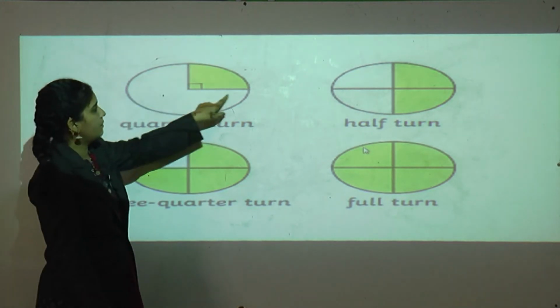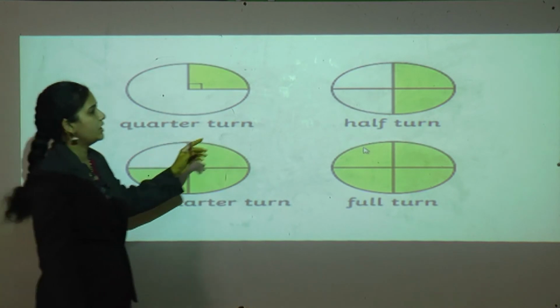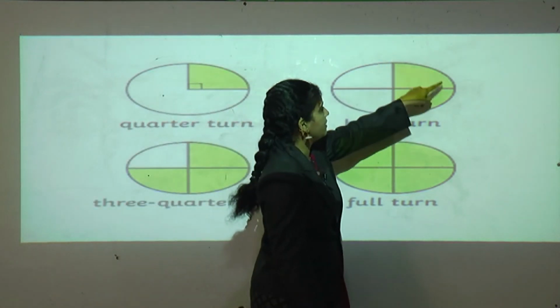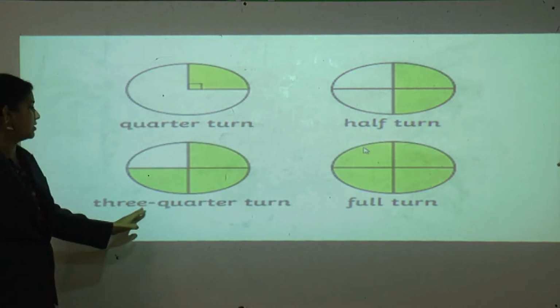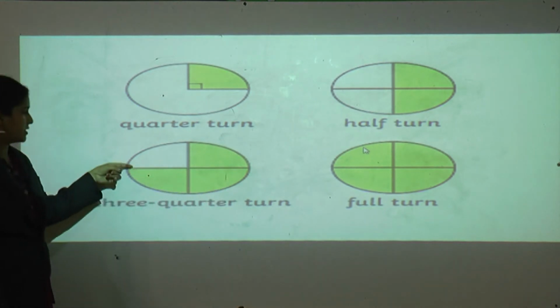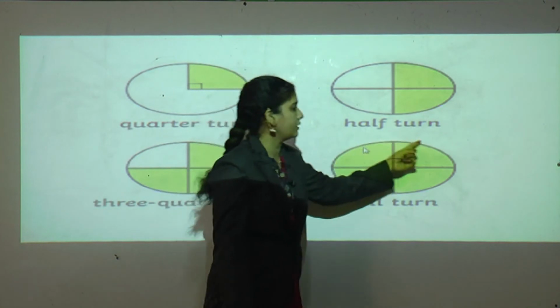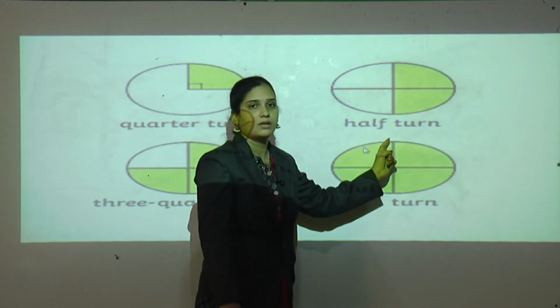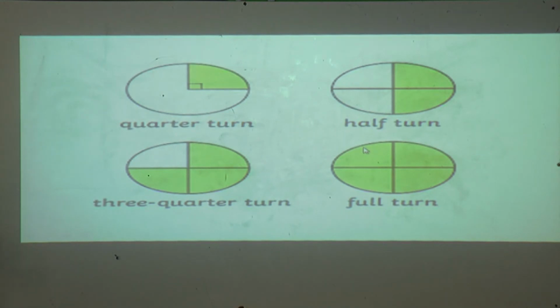Here the part shows us quarter turn, even half turn, see half turn. Okay, and this is a 3/4 turn, that means the figure will come in this direction. And full turn, you know that the full turn, that means it will come again here, isn't it? So all of you understood what it means by quarter turn, half turn, 3/4 turn and full turn.